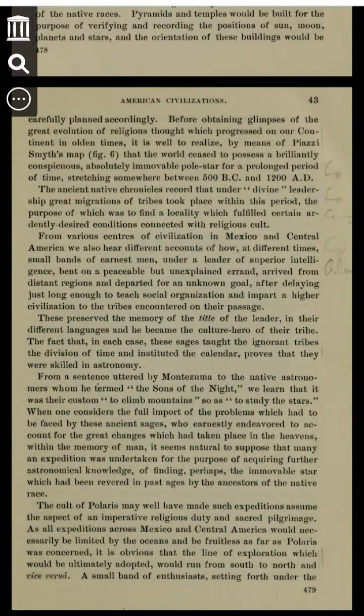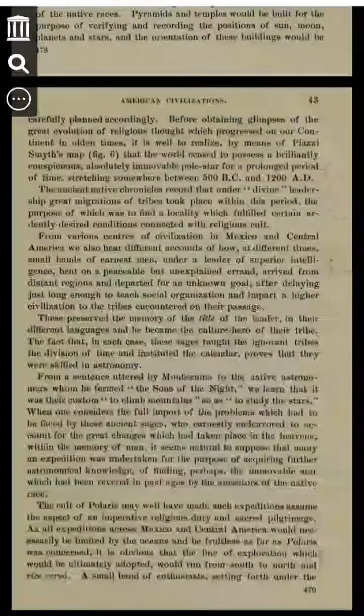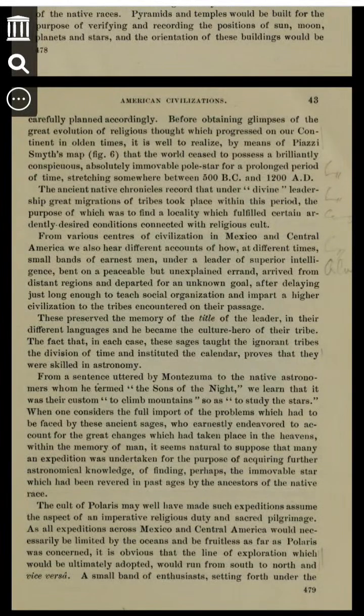It is obvious that the line of exploration which would be ultimately adopted would run from south to north and vice versa. A small band of enthusiasts setting forth under the leadership of some of the most advanced thinkers of the time would undoubtedly have been prepared to devote their entire lives to the object in view.